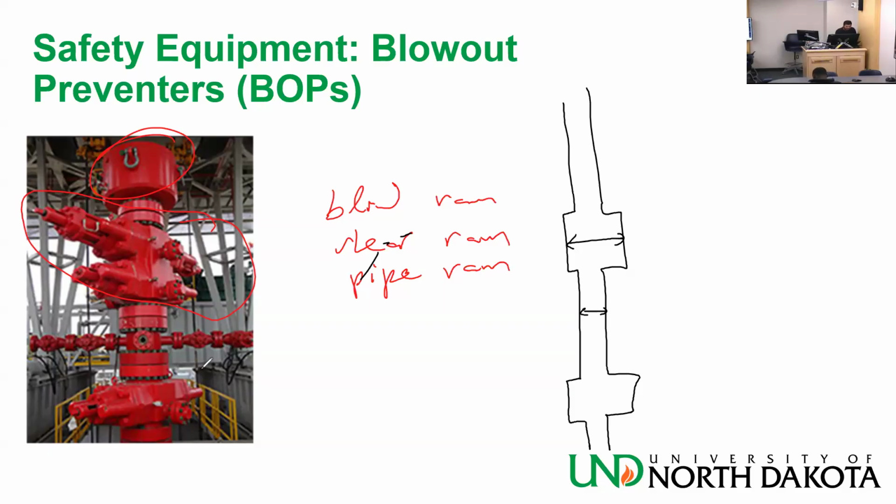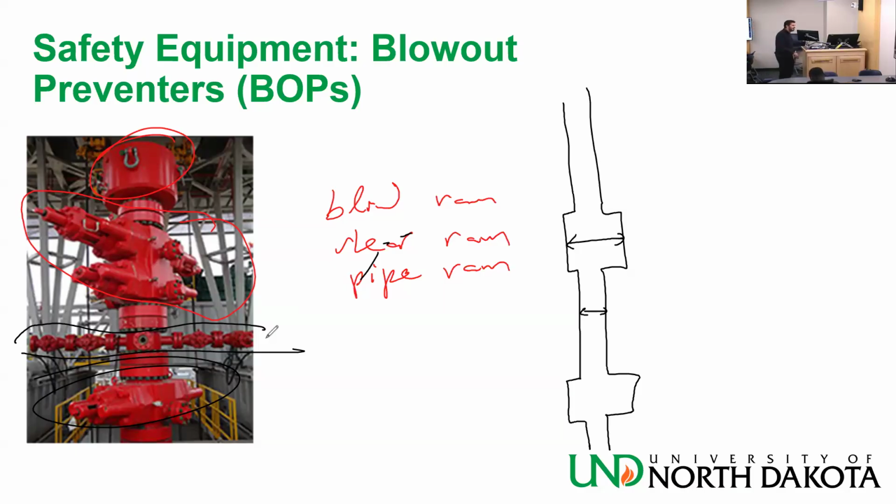Now here, this is another ram. But here you have two lines. If you look at the lines, one is thicker inside than the other, because one is for circulating out, and one is for circulating in. That means injecting. The one that you inject through needs to hold higher pressure.